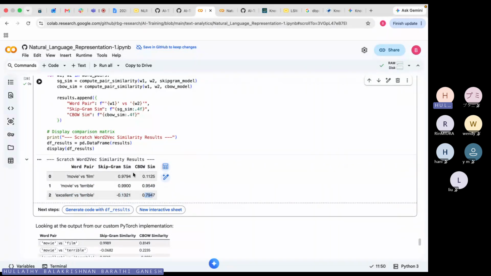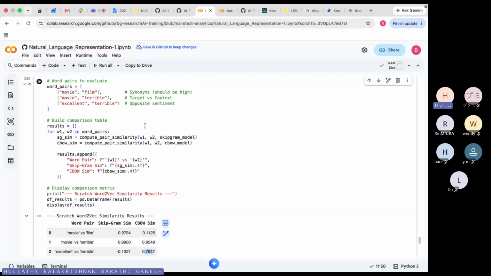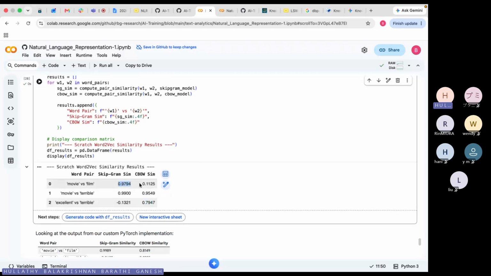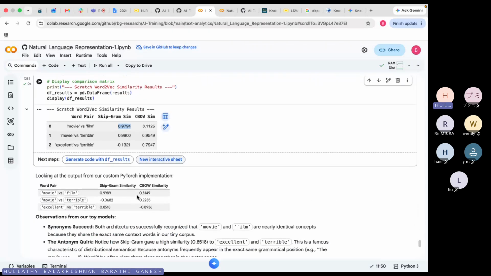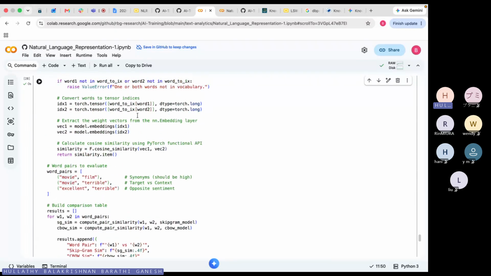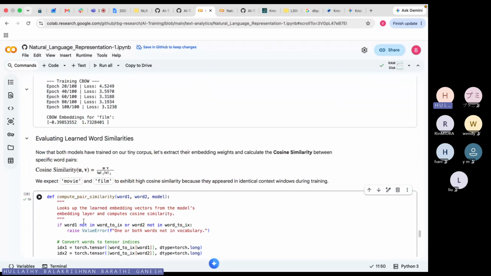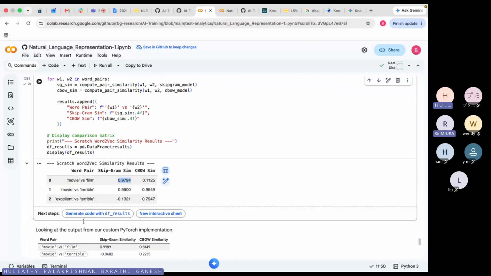Okay. So what does it show about how we can train this? When we have more data, this similarity will get better. As per the initialization, the epoch also will affect.